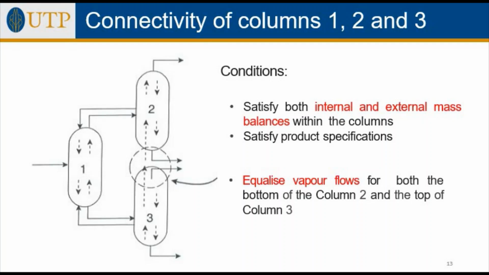So what is the connectivity of columns 1, 2, and 3? The conditions are that both internal and external mass balance within the column are satisfied, and the product specifications are satisfied. On the other hand, you have equalized vapor flows for both the bottom of column 2 and the top of column 3.